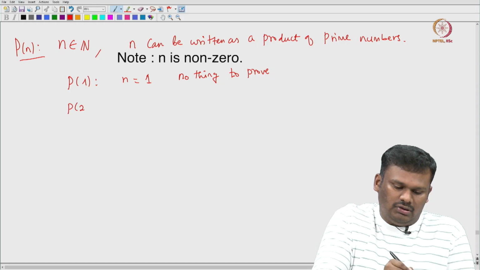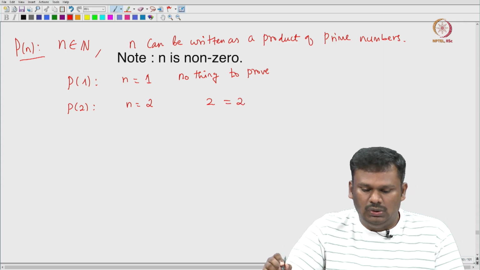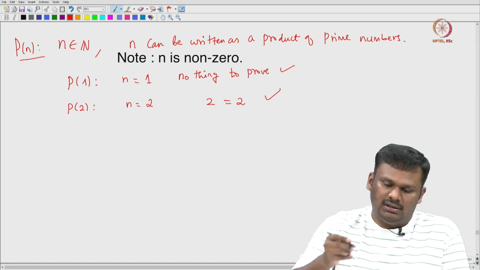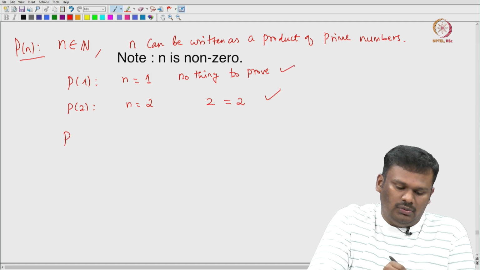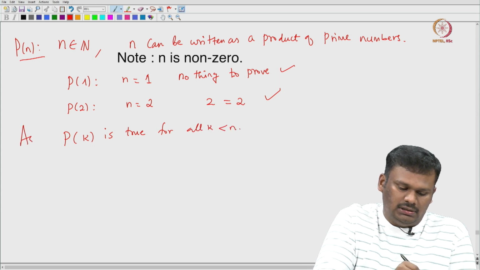And if you are not sure, then maybe you can go to the second case, and you can see that 2 is written as 2. So, 2 is a prime. So, here also the statement is verified. Now you assume the statement is true for all k smaller than n. Okay. Assume that.